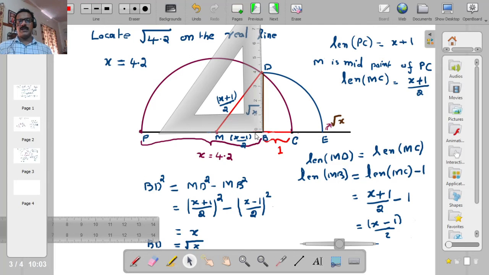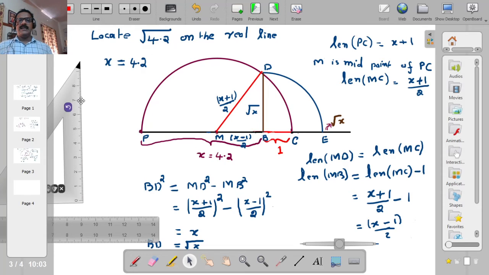PB is the first line segment that we have drawn, and BC is the extension. At the point B, we will be drawing a line perpendicular to PC. This line segment will meet the circle at some point.